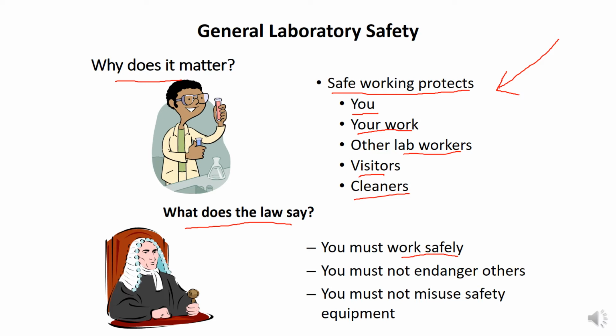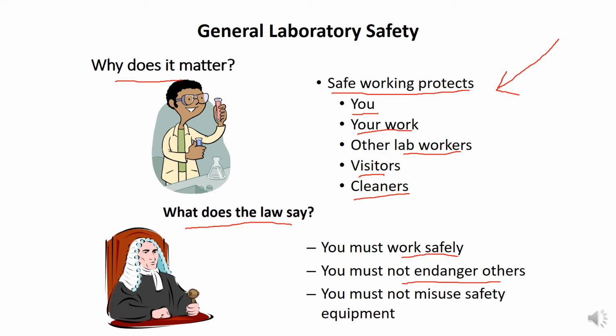We also must not endanger other people. For example, if I'm working with a chemical that is dangerous and I did not put it back into the proper position or the proper cabinet, then it can hurt my other colleagues. So legally it is my duty not to endanger other people.